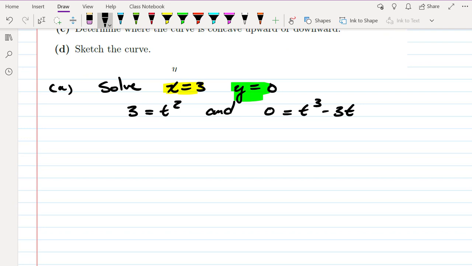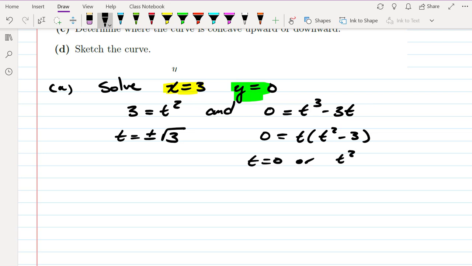We solve our first equation on the left by taking the square root, so the two possible values of t are plus or minus the square root of 3. On the right-hand side, we factor out our common factor of t, leaving t squared minus 3. Then that gives us t equals 0, or t squared minus 3 equals 0, which tells us that t squared equals 3.